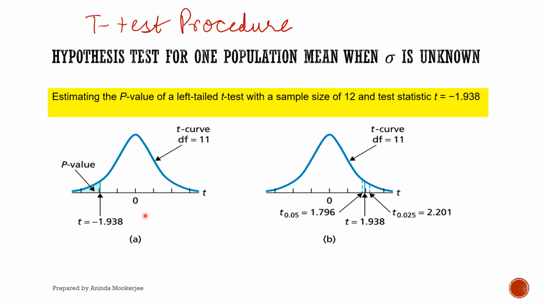You will never find the exact value because the t-table is a truncated table for a limited number of sample sizes, that is DFs, and also for just some special alpha values. I will work through an example and show you how we perform a hypothesis test when sigma is unknown using the t-test procedure.